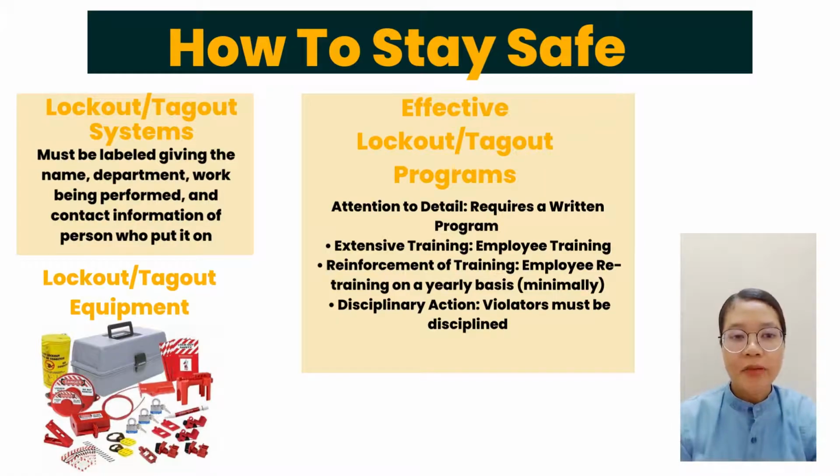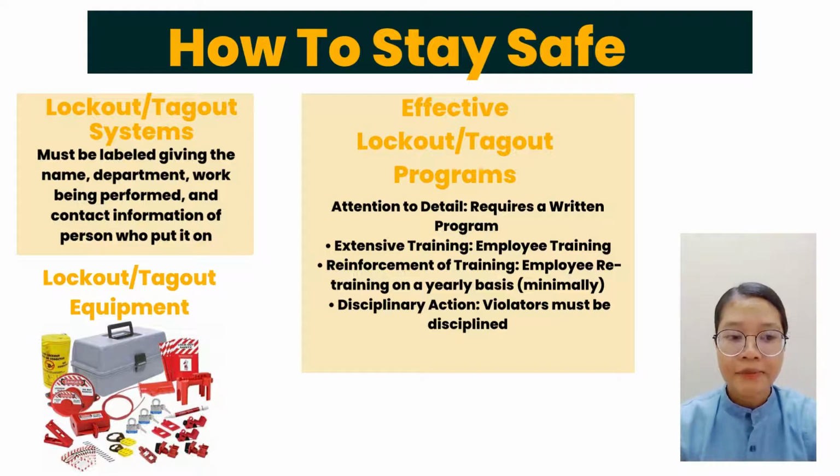Next, I will be presenting about the system that can help workers to feel and stay safe during their working hours. There is a way to always stay safe in the workplace. One of the systems that workers can have to always stay safe is the lockout and tagout system.